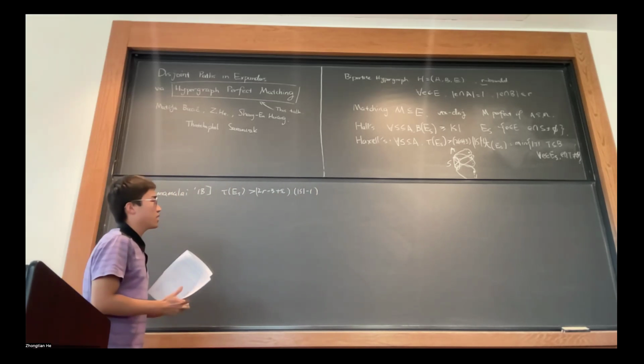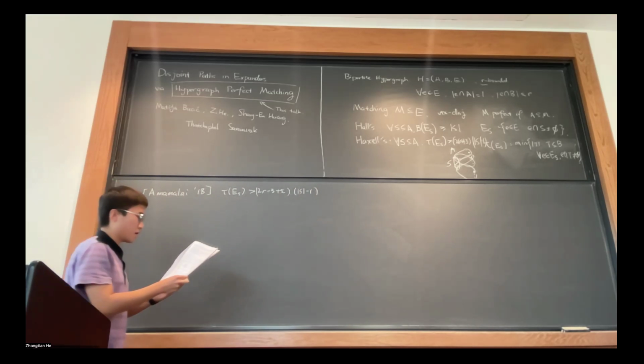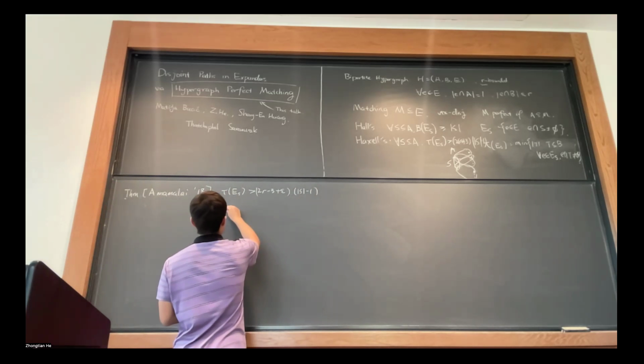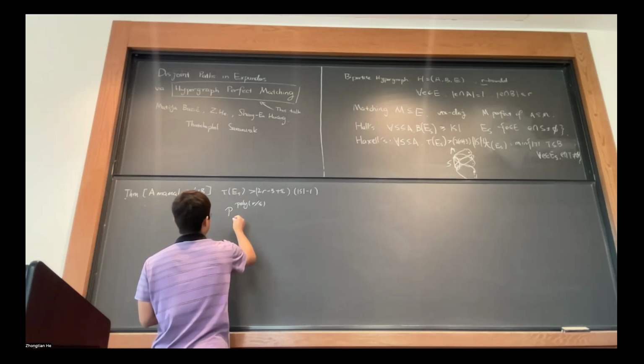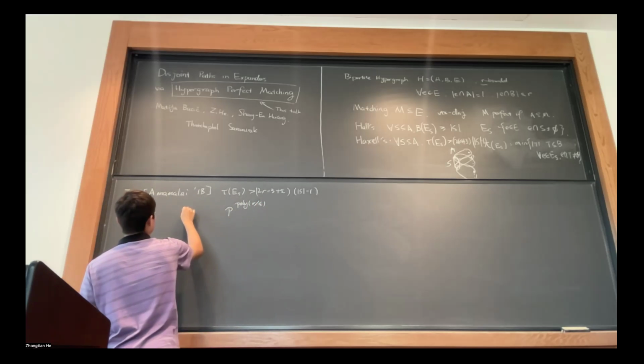If you just slightly strengthen this, you will get an algorithm in time, where P is basically the size of the input, to the poly R over epsilon.